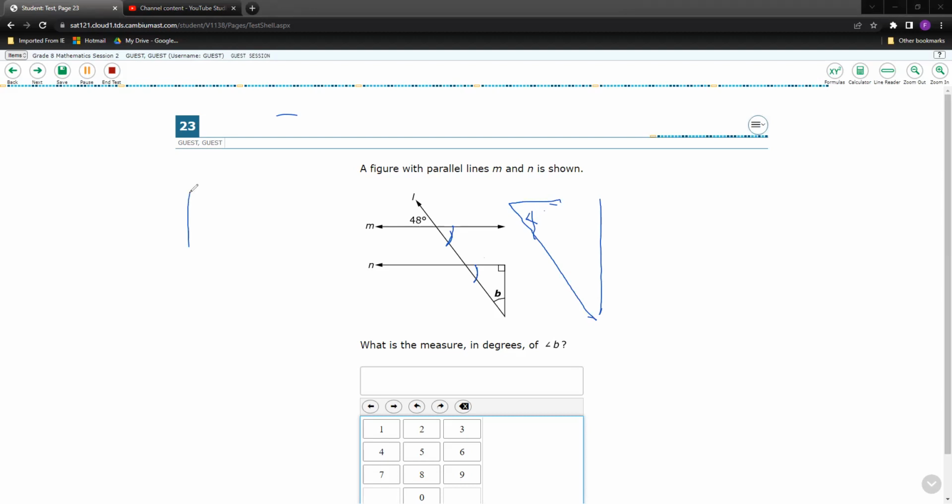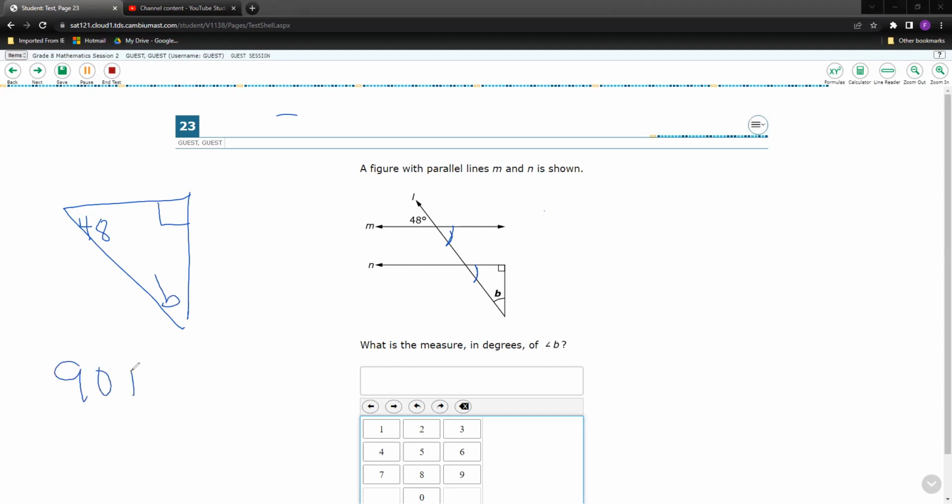Let me see if this side of the board is working. So I have a 90-degree there. 48, we just found out. And I'm looking for B. So 90 plus 48 is 138.